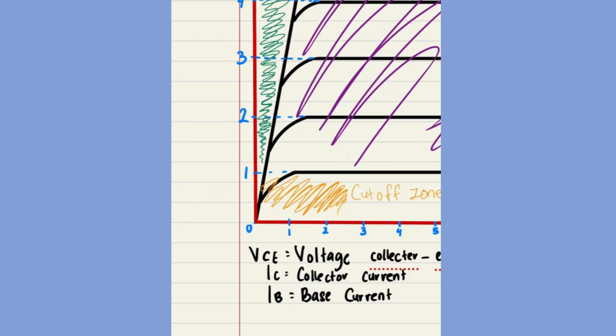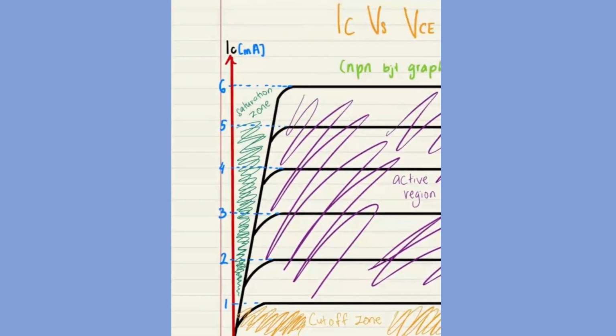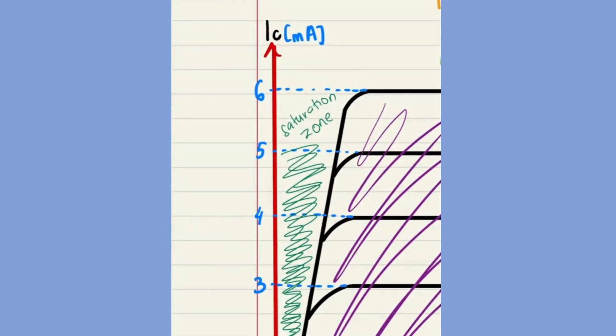So, as we expected, the saturation zone is the opposite of the cut-off zone. When the voltage is above 0.7, the transistor is fully conducting.